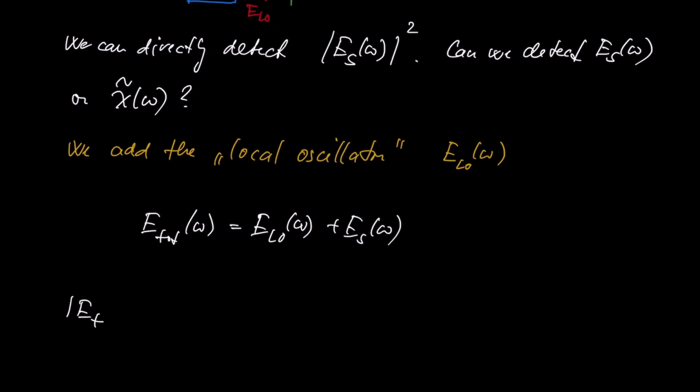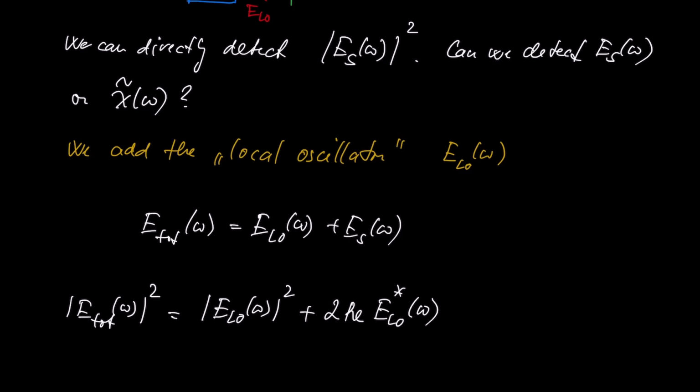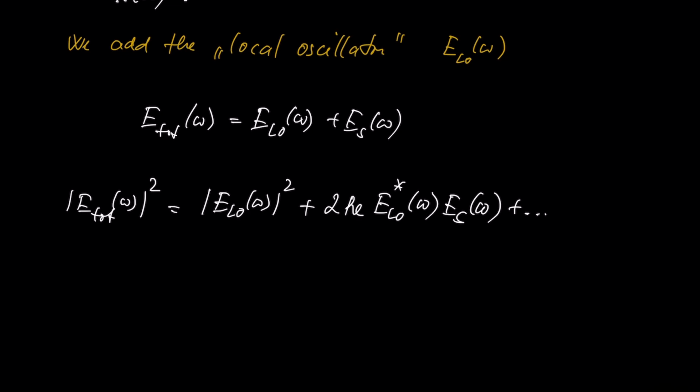The E total in frequency square is the local oscillator square. Local oscillator is a known field. And here we have two real parts of the local oscillator star and signal electric field star, plus something that we again neglect.